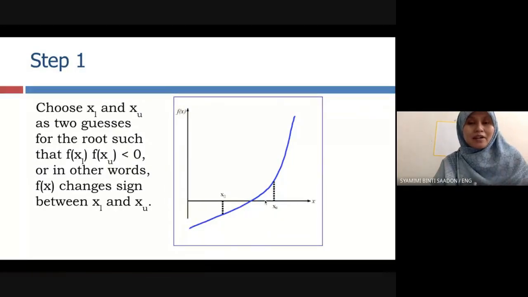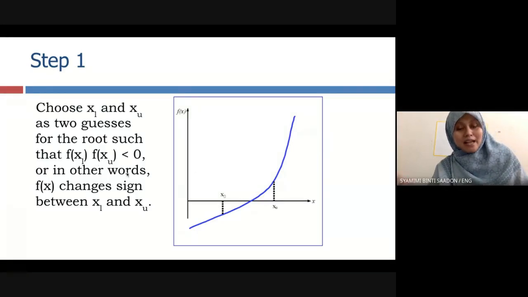We want f(XL) and f(XU) to have different signs so that we are sure the function will cross the line where f(x) is 0. Otherwise, if f(XL) and f(XU) have the same sign, positive positive or negative negative, the chosen interval won't cross the line where f(x) is 0.